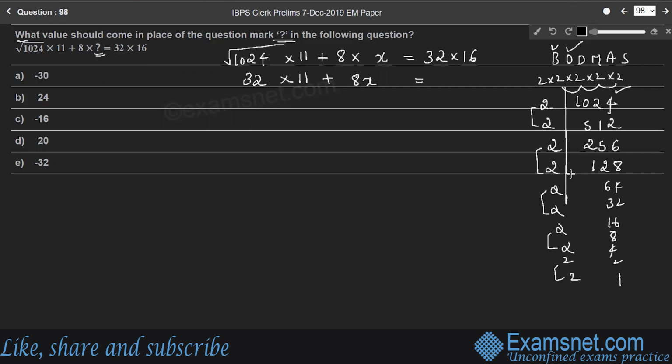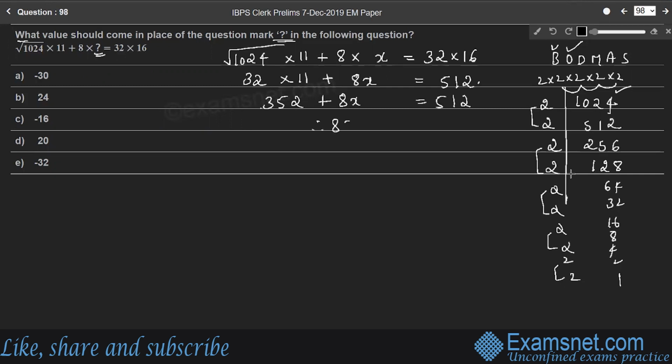It's a direct multiplication, which is 512. Therefore, 32 into 11. So what is 32 into 11? 352, I think. So 32 into 10 is 320 plus 32, 352, plus 8x is equal to 512.